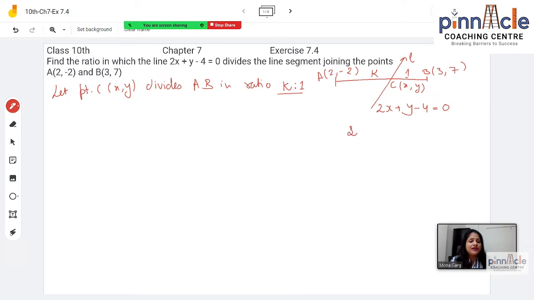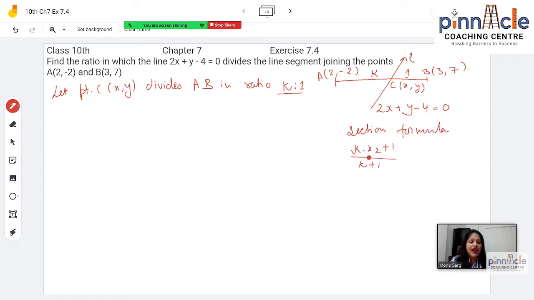Now I can just write section formula that I'm going to apply in this question. It is k into x2 plus 1 divided by k plus 1.